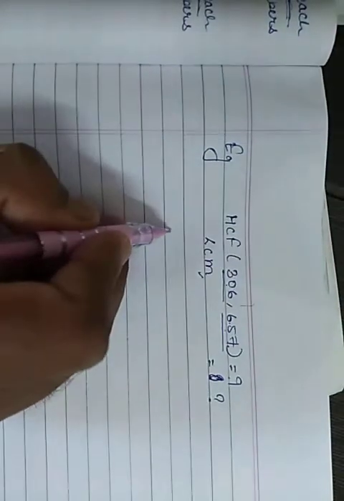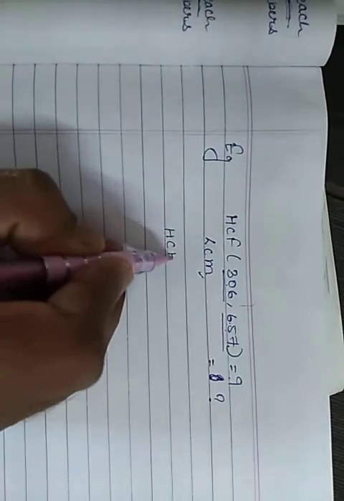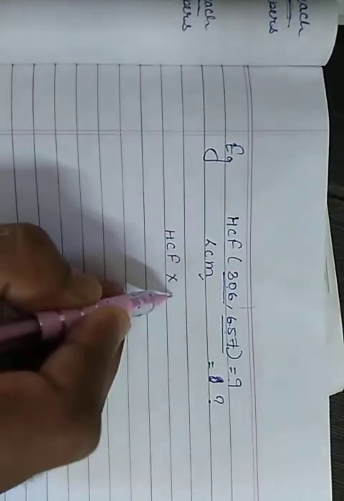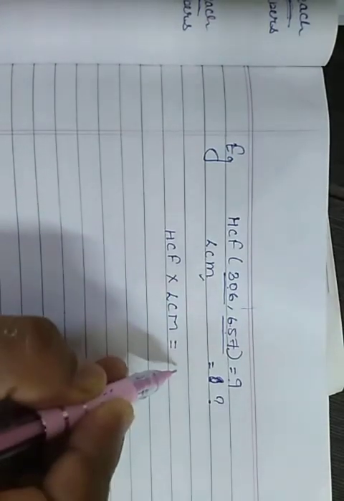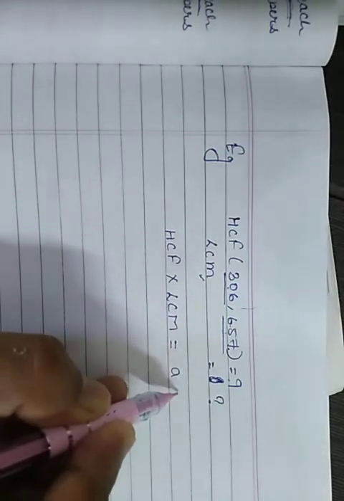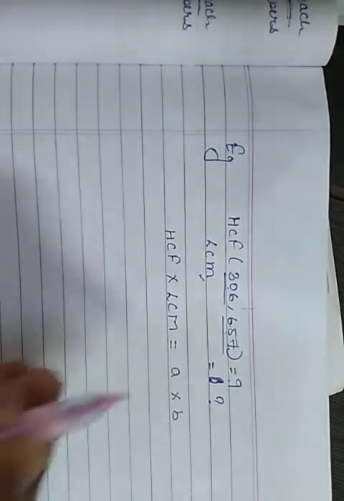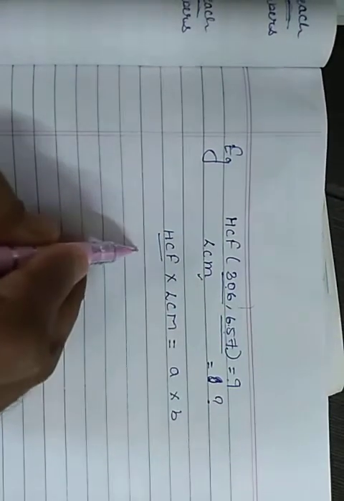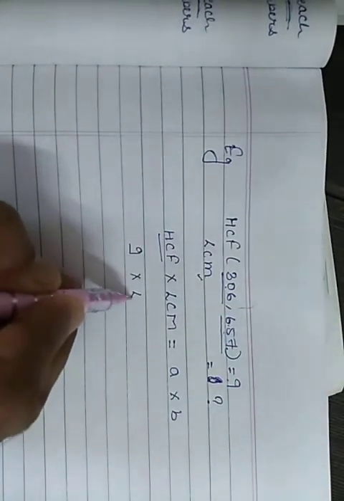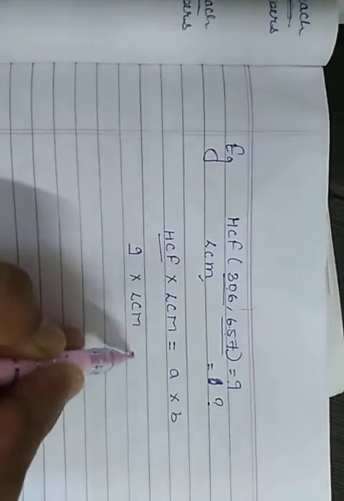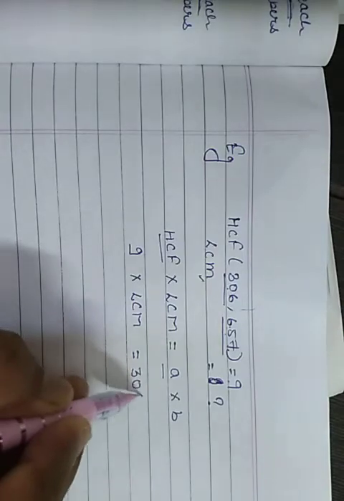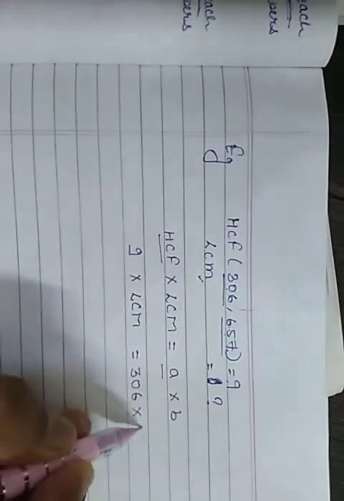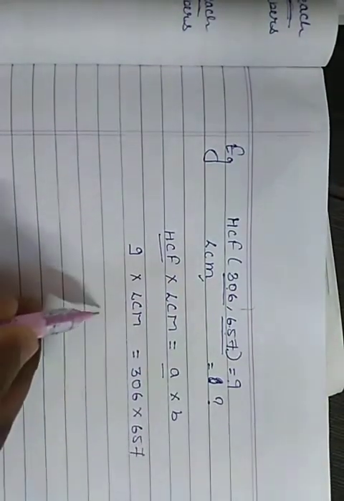So I can use the property that the HCF of two numbers multiplied by their LCM is equal to the product of the two numbers A and B. So here HCF is 9, LCM we have to calculate, A is the first number 306, and B is the second number 657.